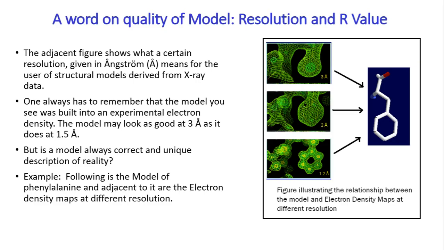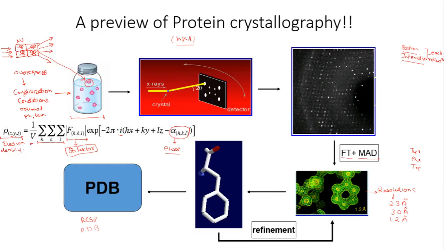Okay, so now let us talk about how you judge the quality of a model. What I have said is that it is this model that is present in PDB.